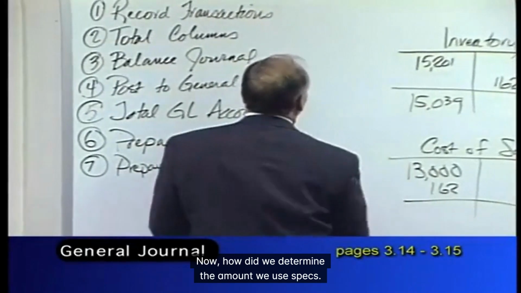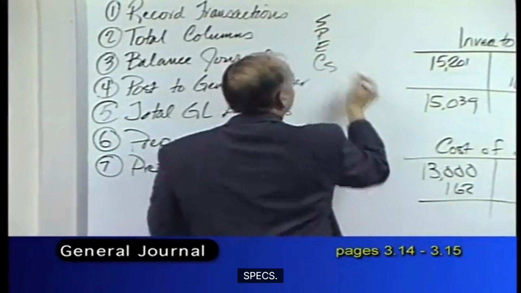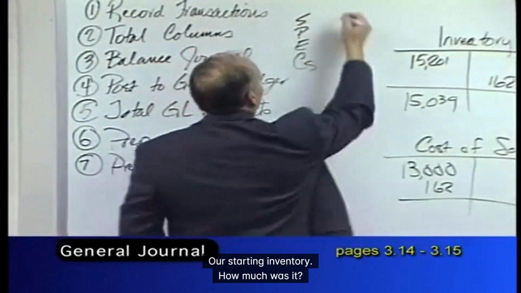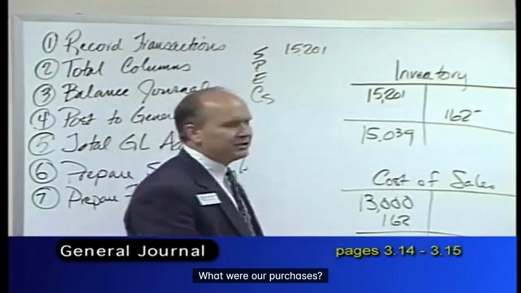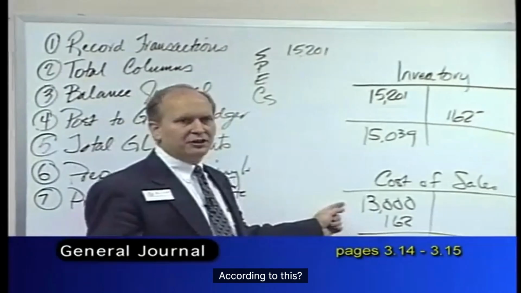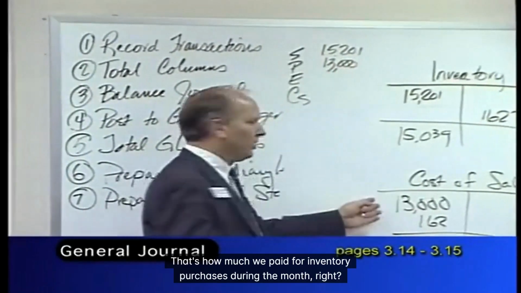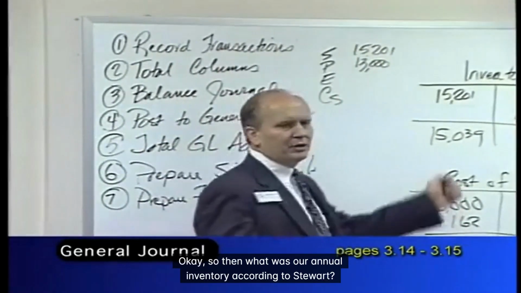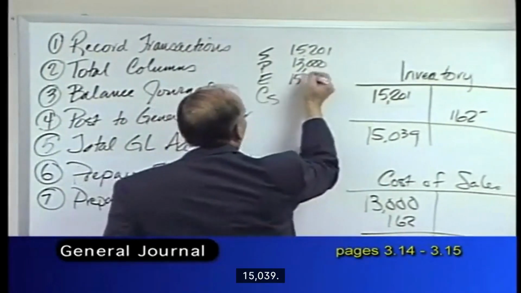Now, how did we determine the amount? We used SPECS. Well, let's see what happens. Do you remember that? What's our starting inventory? How much was it? 15,201, right? What were our purchases according to this? 13,000. That's how much we paid for inventory purchases during the month, right? So then what was our ending inventory? 15,039.